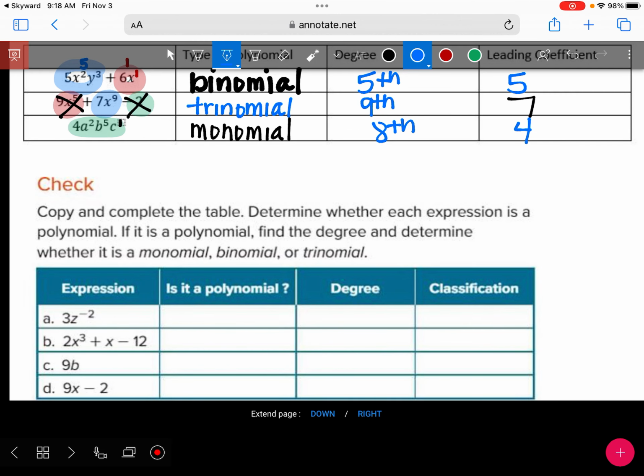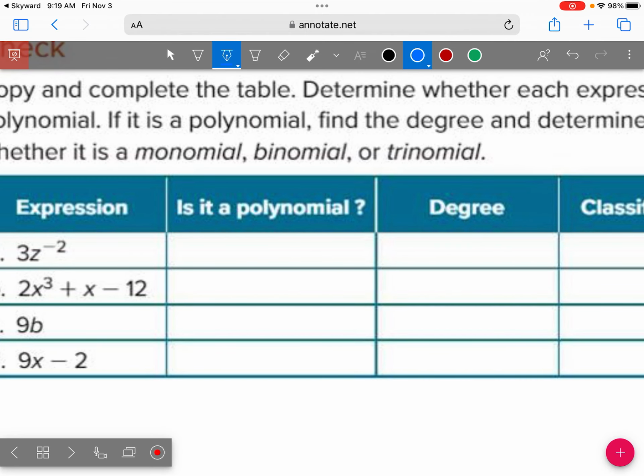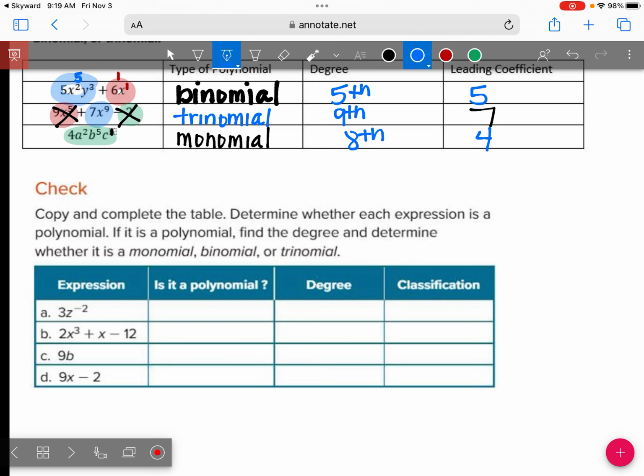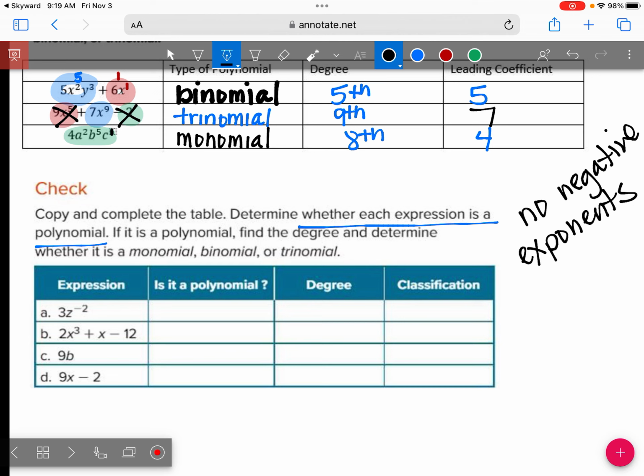So I want you to try to do this. I'm going to do this first one with you. Where it says determine if it's a polynomial, can you write, has no negative exponents. So there are 2 rules. No negative exponents, and no variables in the denominator.